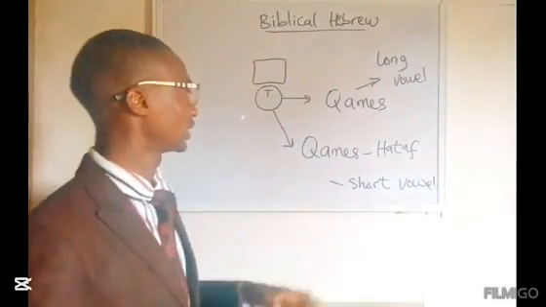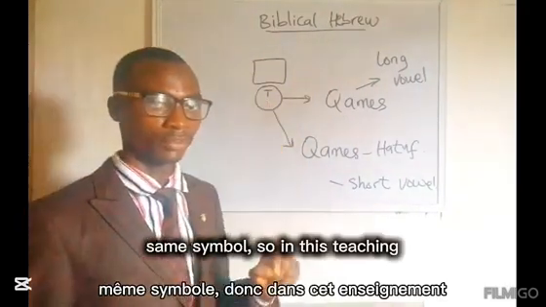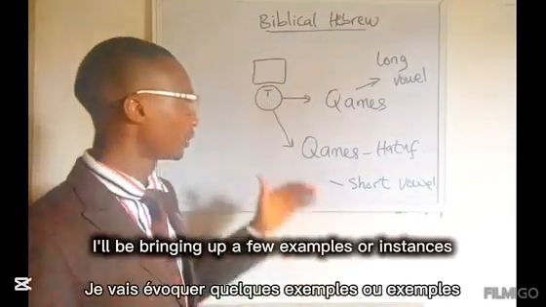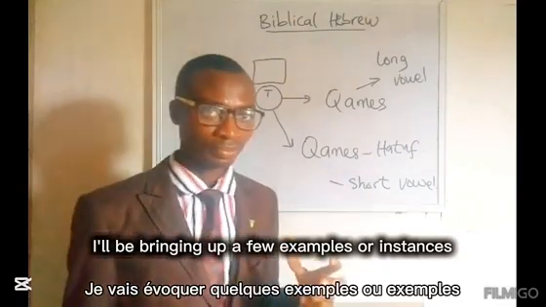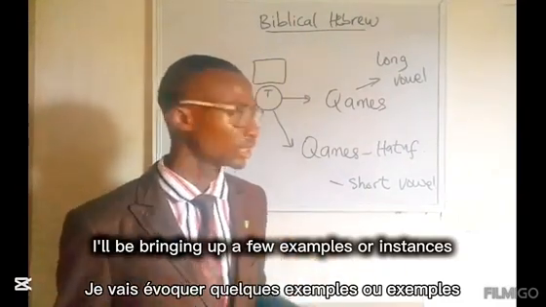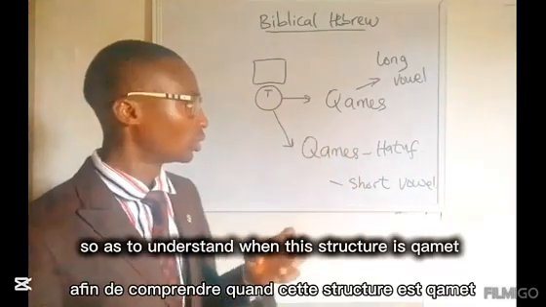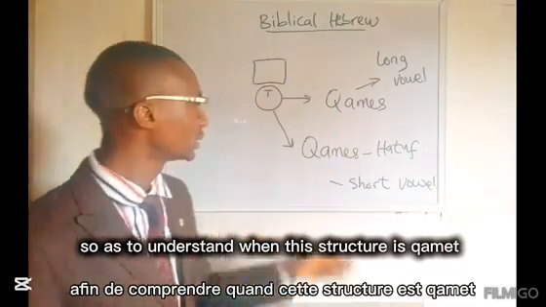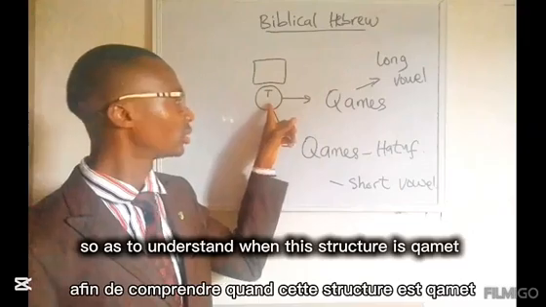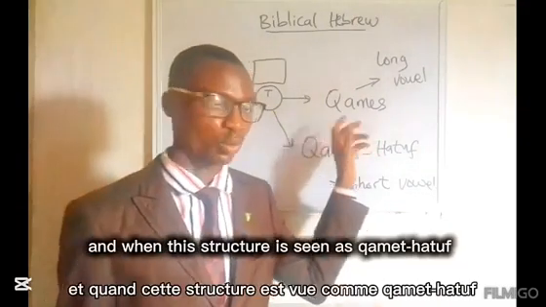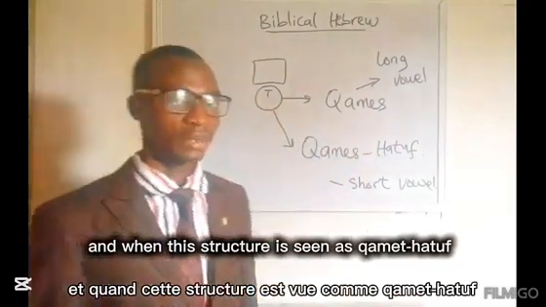However, same symbol. So in this teaching, I'll be bringing up a few examples or instances so as to understand when this structure is Qamet and when this structure is seen as a Qamet-hatuf.